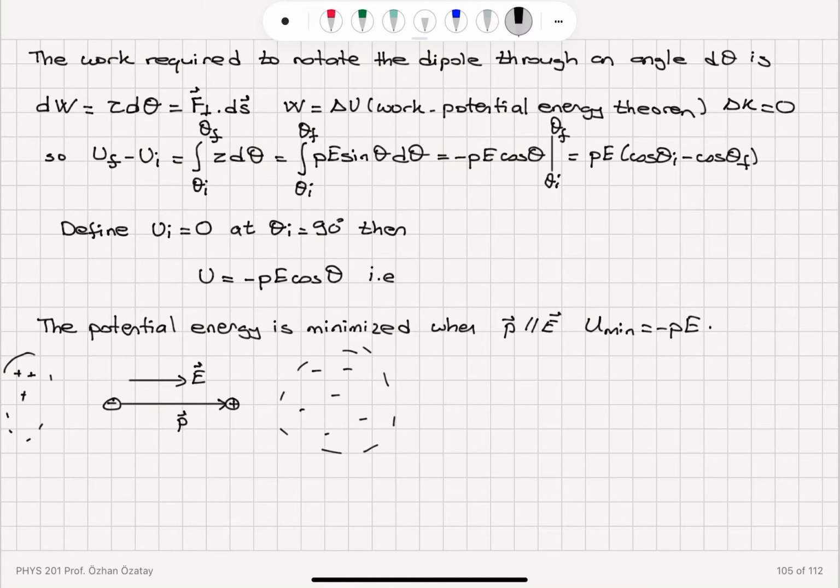That is to say, the potential energy of the electric dipole moment vector P in the uniform electric field E is minus the dot product of P with E. So you can see that the minimum in the potential energy will be observed when P is parallel to E, because cosine 0 is 1. I will have minus PE as the minimum possible potential energy.